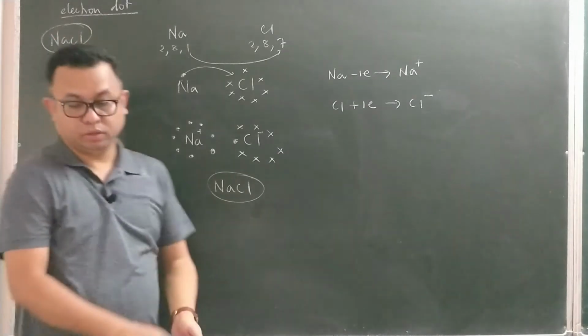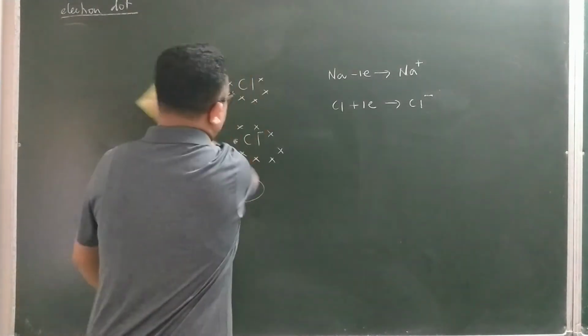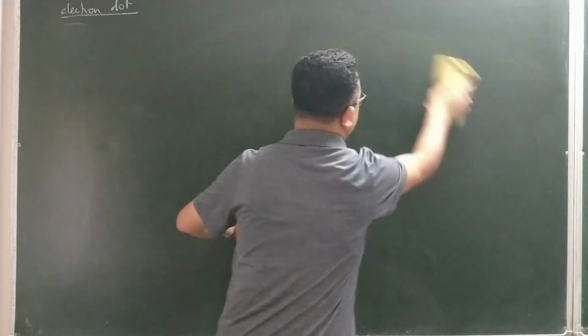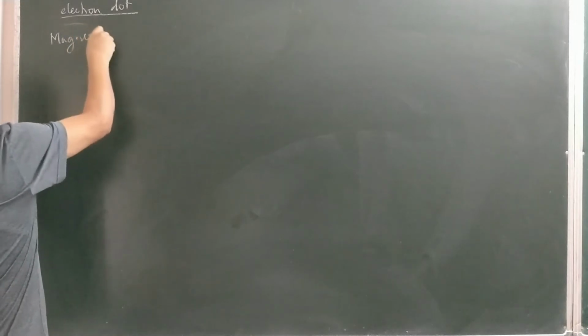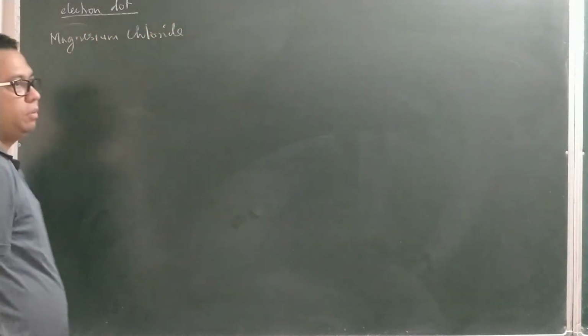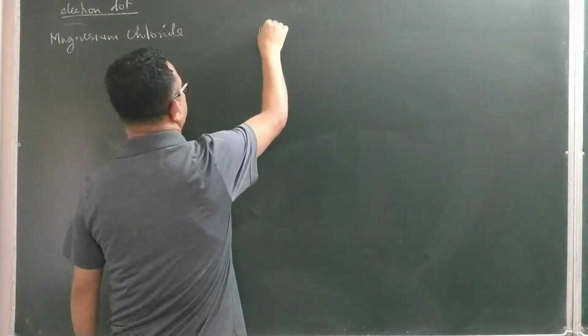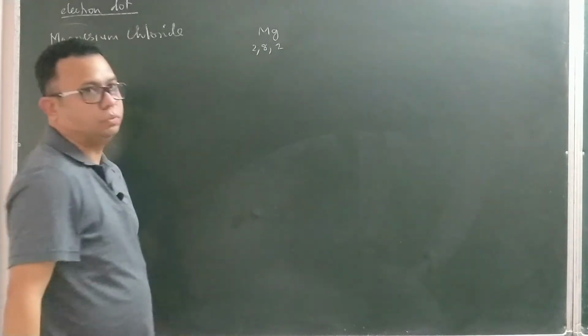Now let me go to the next one, magnesium chloride. Now, why I am writing in bold is because many times there will be a confusion. See what is that confusion? Magnesium has configuration 2, 8, 2, so outermost shell is 2.